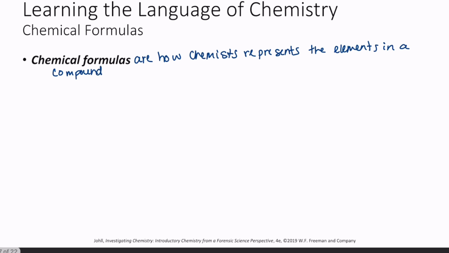So, a chemical formula will indicate the type and the number of atoms present in a compound.